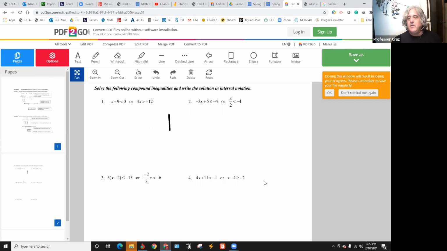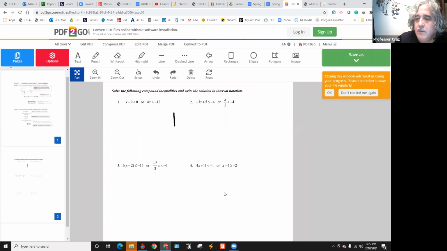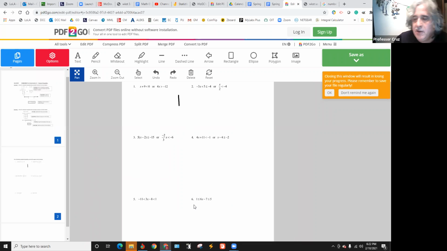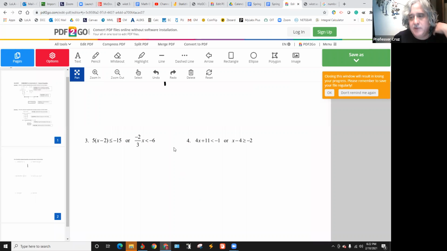I want to try to find one to replace this because they only have 2 of these. I want to get another one and I'll just replace that one.